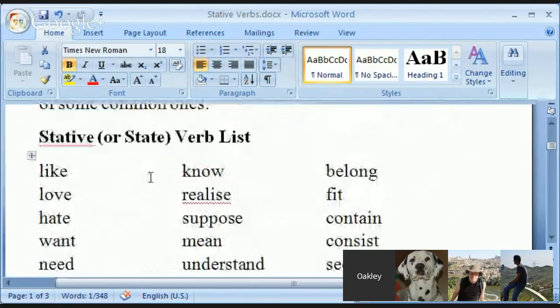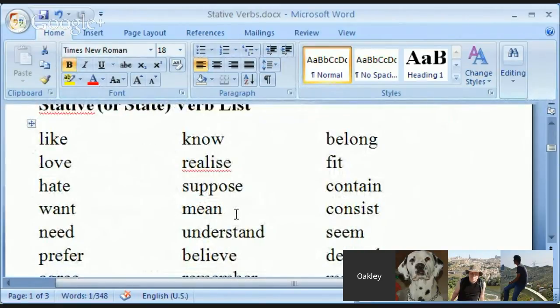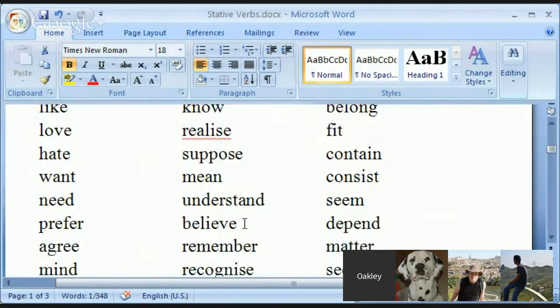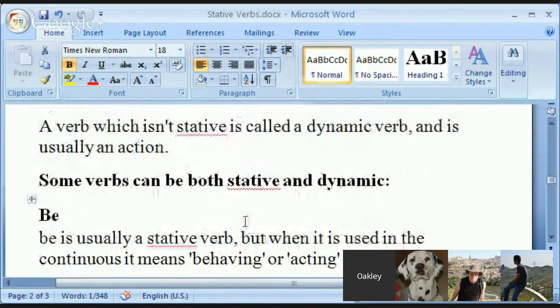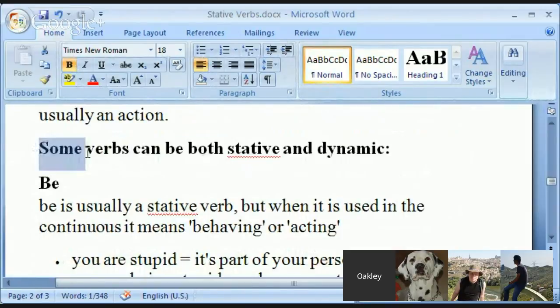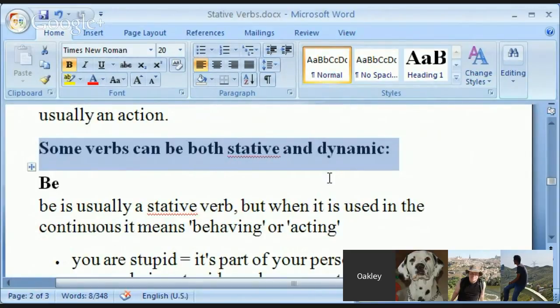Here I have a nice list of stative verbs, but we're going to come back to this in a second. Actually, first, I want to show you some verbs can be both stative and dynamic. This is the confusing thing about stative versus dynamic.